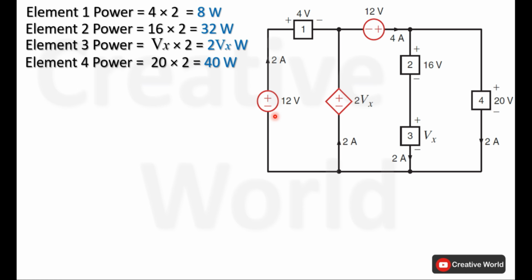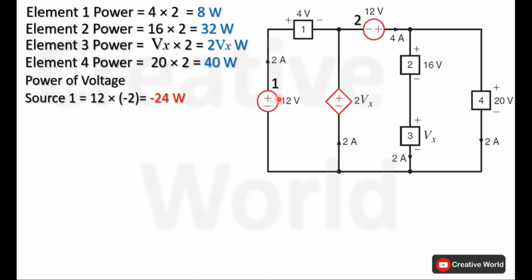In our case, we have 3 sources in this circuit. 2 of them are voltage sources and 1 is a dependent voltage source. So for our understanding, we will label these 2 voltage sources as voltage source 1 and voltage source 2. We will start calculating the power of sources from voltage source 1.